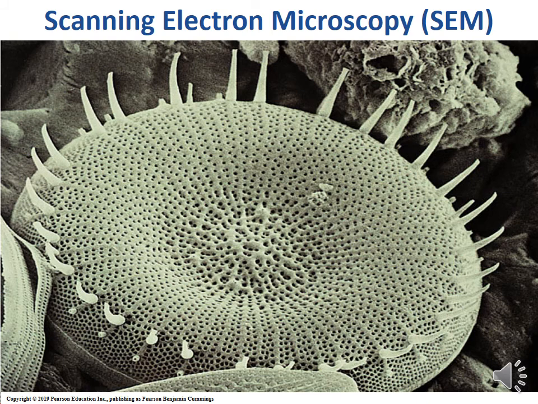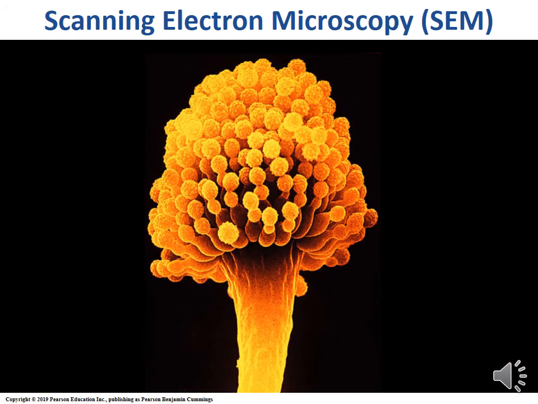Here's, again, a scanning electron microscopy. You're literally scanning the surface of the organism. Here's a diatom. We talked about how symmetrical those single-celled algae are, with very silicate cell walls. Here's an aspergillus fungus.